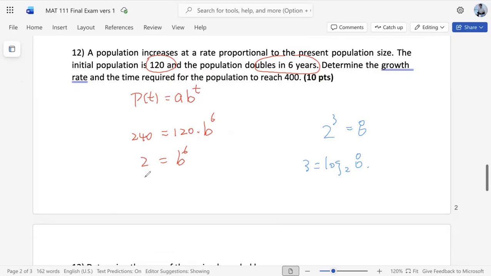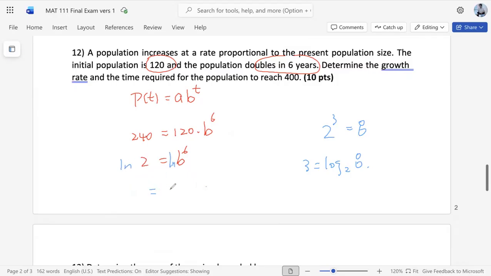So we can write 6 equals log base b of 2. That's not going to help us because we have to change it one more time. Let's just take ln on both sides.